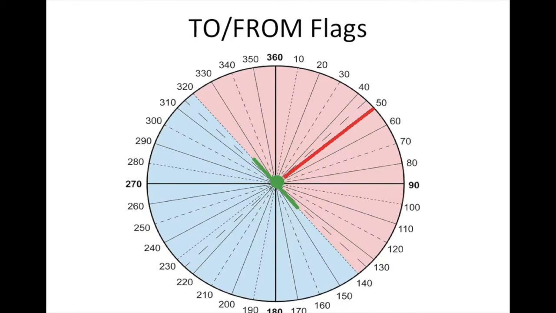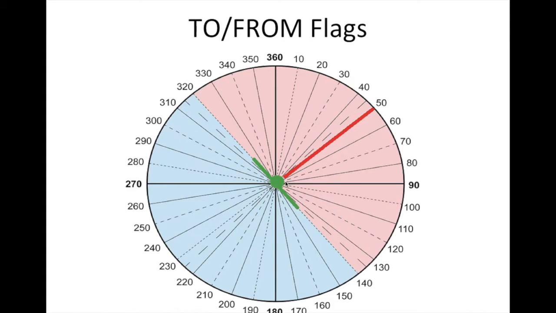Now, a very important concept that we need to understand: the VOR, as I said before, has these radials coming out, and you have an indicator in the cockpit, which I'm going to show in detail in just a few minutes, that says to or from. Now let's look at a simple example.